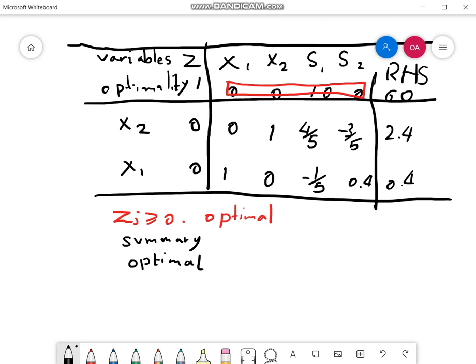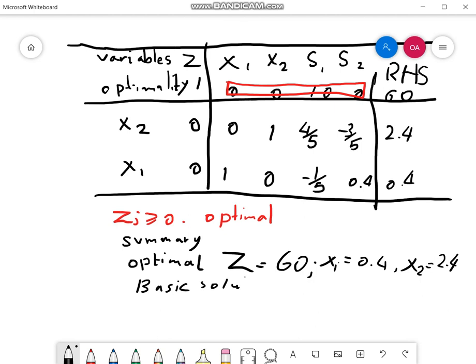I have the state variable z, which is equal to 60, and the decision variables x1, which is equal to 0.4, and x2 equal to 2.4. So likely my decision variables are also the basic solution. So my basic variables are x1 and x2.